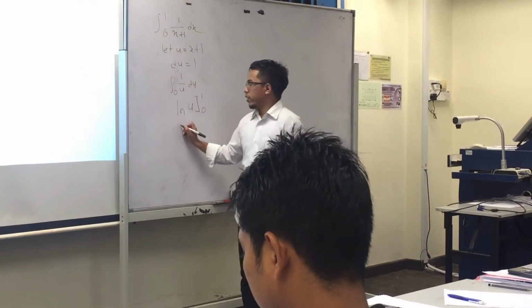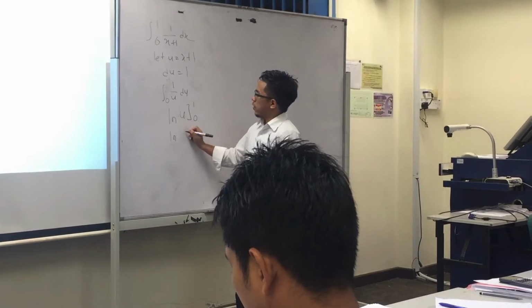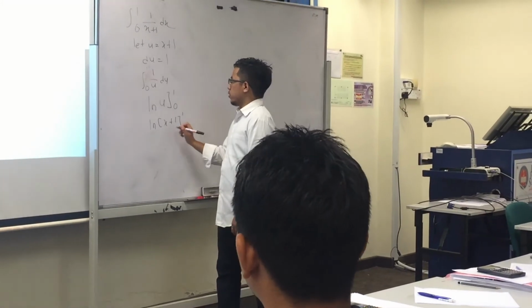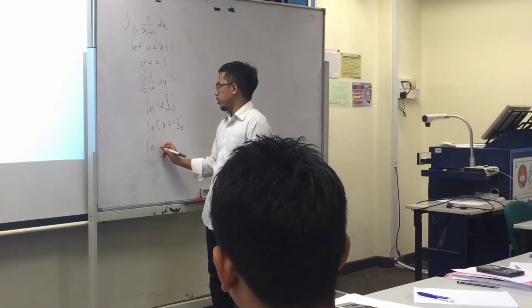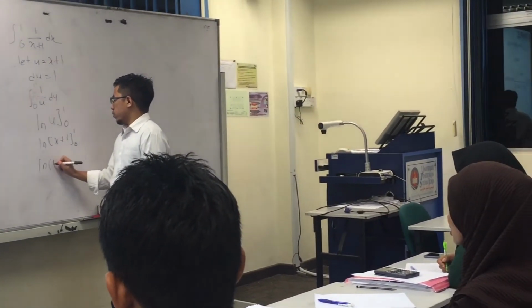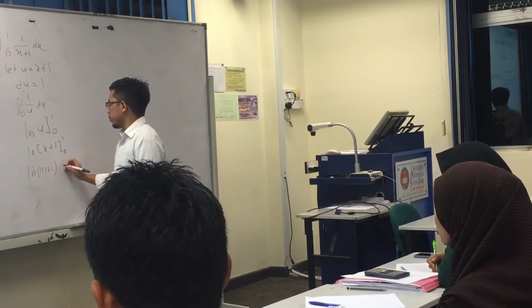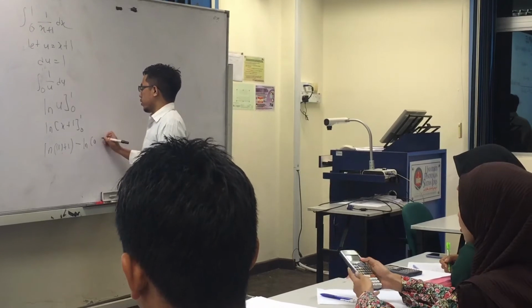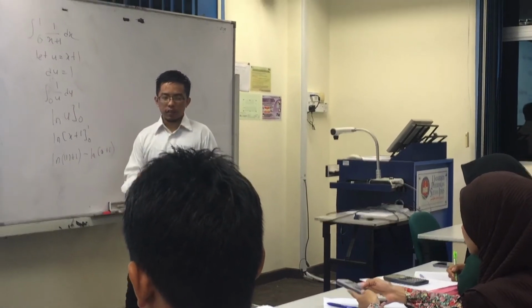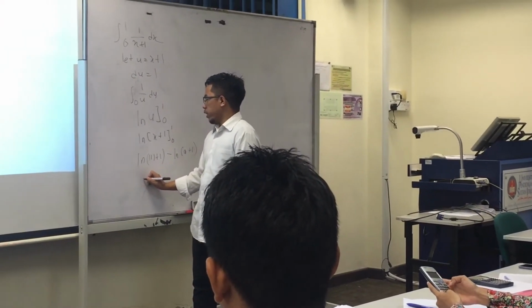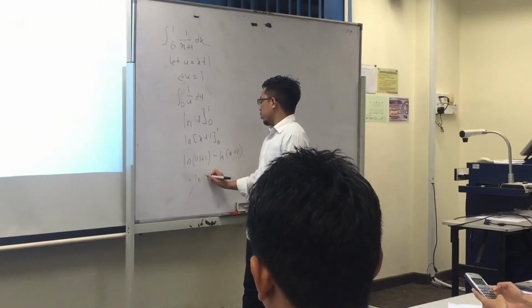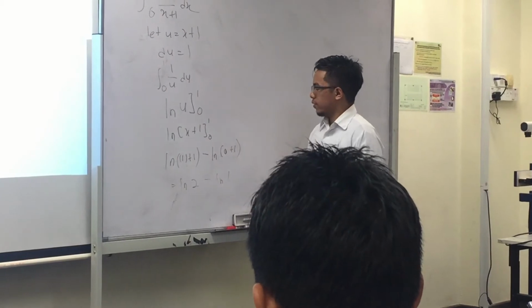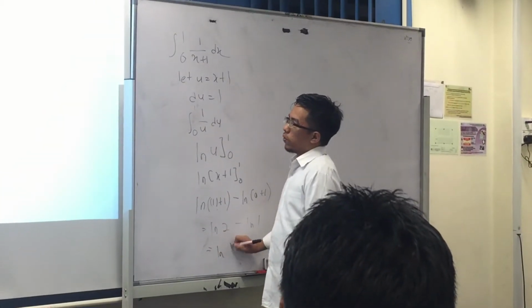Okay, we substitute back the u, which is x plus 1, and we will get ln of 1 plus 1 minus ln of 0 plus 1. Okay, so we have ln 2 minus ln 1 equals to ln 1.